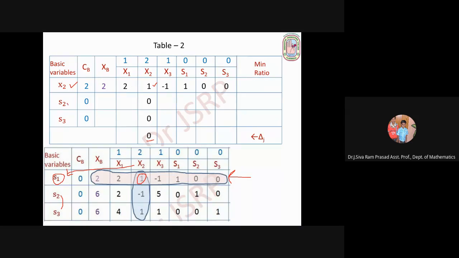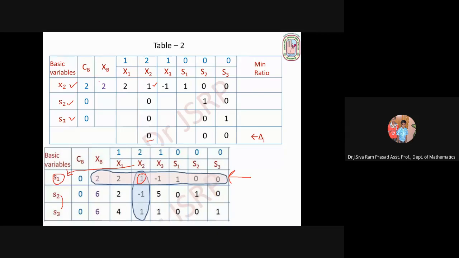Second basic variable is S2. In the S2 column, second place 1 and other places 0, so 0 1 0, and delta j is also 0. Next S3, third place 1, remaining zeros, and delta j is also 0. So in the second step, we fill the columns of basic variables with the corresponding unit matrix.